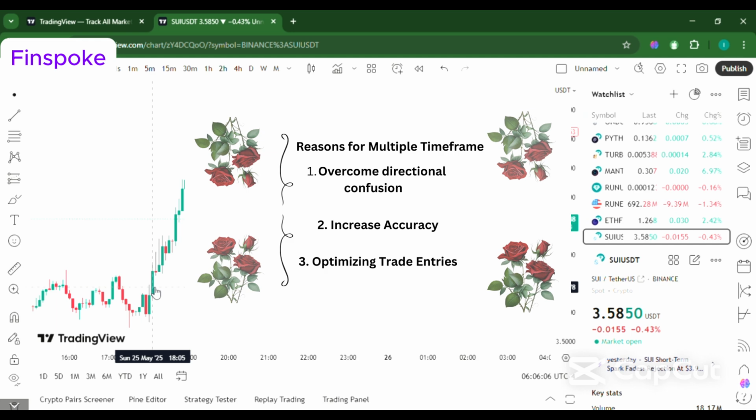Whenever you are confused about the direction of the market, just know that you are focusing on the wrong time frame. The bigger directional picture helps you to take more confident entries.